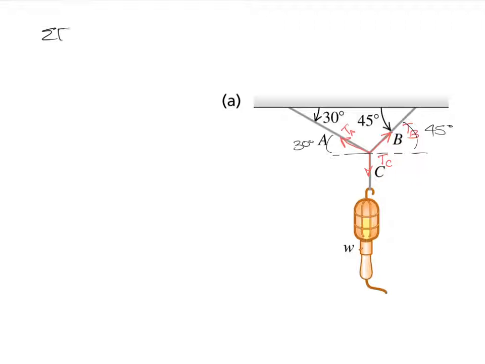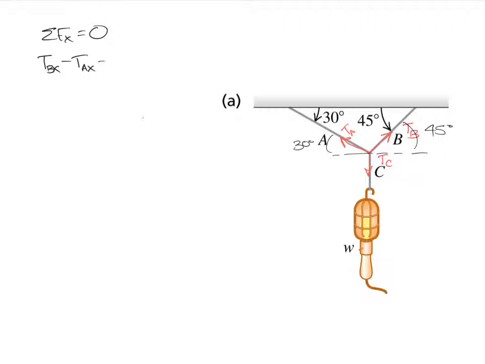So forces in the x direction are 0. Notice that cable B and cable A have x components, and they're both going to be given by the side adjacent to the angle, so they'll be given by the cosine. So if TBX is in the positive direction, it's to the right.